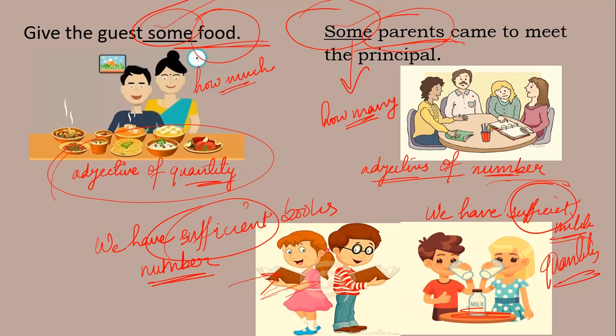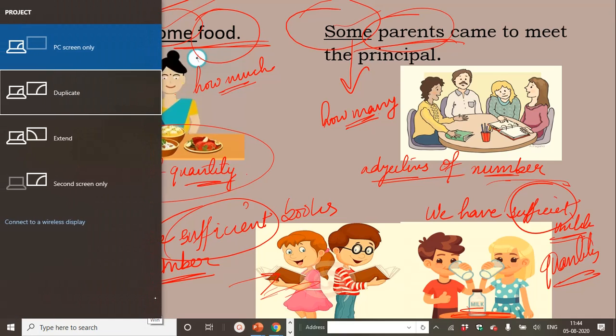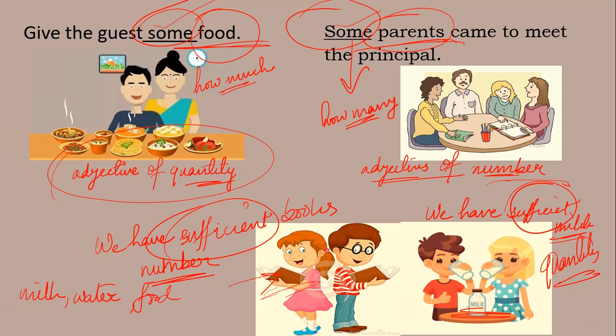Okay, so an adjective which is used with an uncountable noun like milk, water, food, etc. is an adjective of quantity. And adjectives which are used with countable nouns like parents, friends, books are adjectives of number.